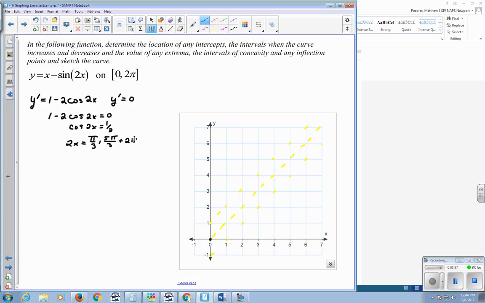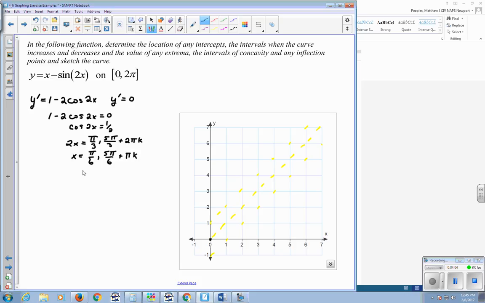plus any angle coterminal to it. And this is important. Remember, in multiple angles, we were using this general form to generate our specific answers, because look what happens now. If we actually solve for x by multiplying both sides by 1/2, we end up with pi over 6 or 5 pi over 6 plus any pi k values right here.